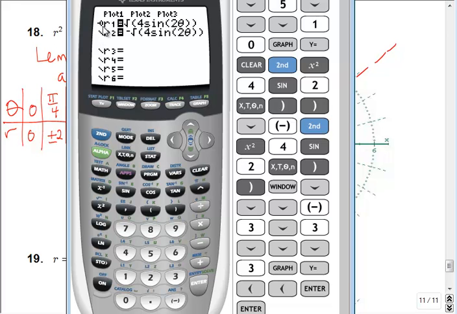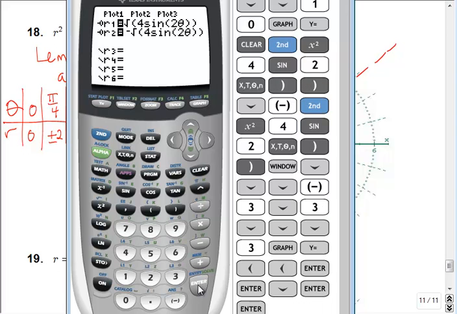It looks like a circle with a little line after it. And now I'm going to go down and change R2 to have that same look. And this is the animation feature on your calculator. So that's the only thing I'm changing. And now when I hit graph, it's going to show me the path of this graph as theta varies from 0 all the way to 2 pi. So let's see what our graph does.